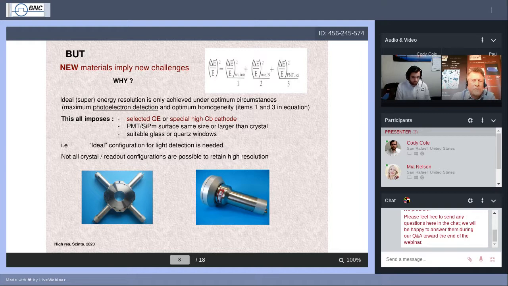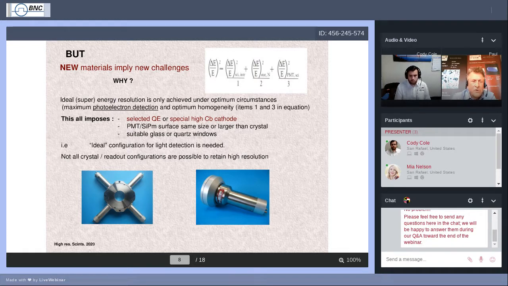And this means that the very good resolution of high-resolution crystals is only achieved when you use a special photomultiplier tube with a high quantum efficiency, and the light detection surface, the multiplier tube or silicon PM, should be the same size or larger than the crystal.